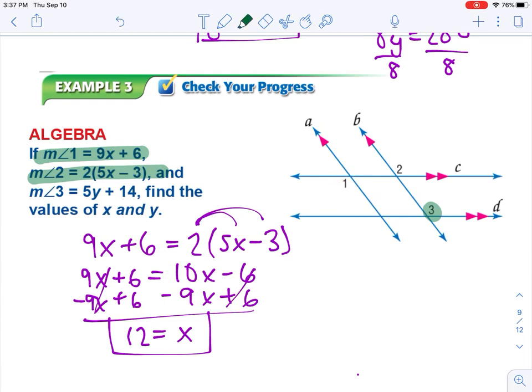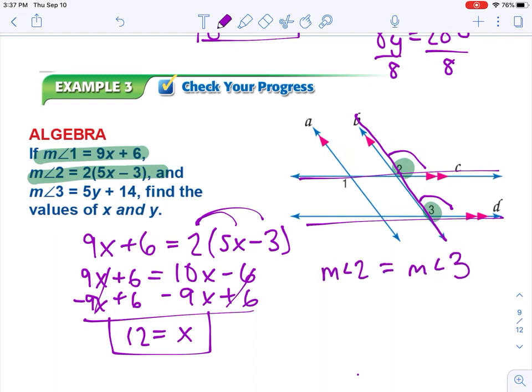But 2 and 3 are. They are corresponding. Corresponding angles are congruent. So I can set the measure of angle 2 equal to the measure of angle 3. So the measure of angle 3 is 5y plus 14. The measure of angle 2, we need to plug x back in so we can actually solve for y.